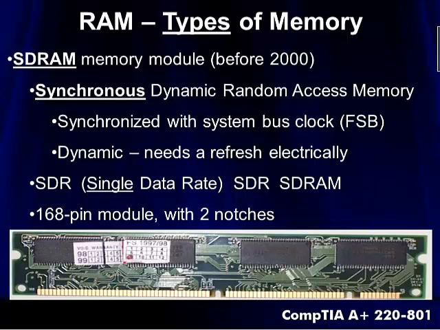You have to turn it correctly so that the two notches match the slot. And I'm going to show you that physically at the end of our presentation. Secondly, you can't put one of these SDR, single data rate, SDRAM, synchronous dynamic random access memory, in a motherboard that's not made for that module. SDRAM, or single data rate, synchronous dynamic random access memory, is a 168-pin memory module, and it has two notches.